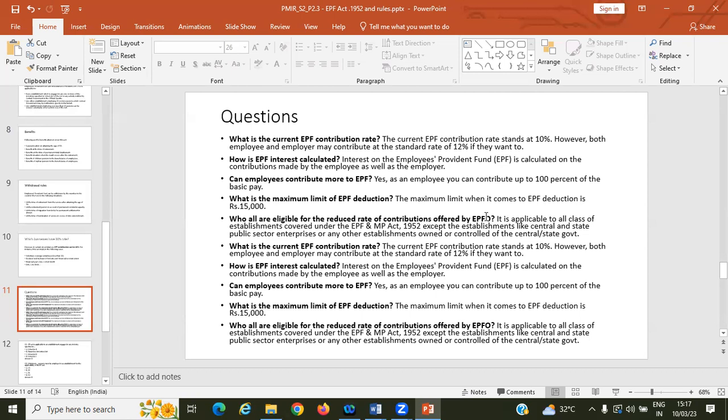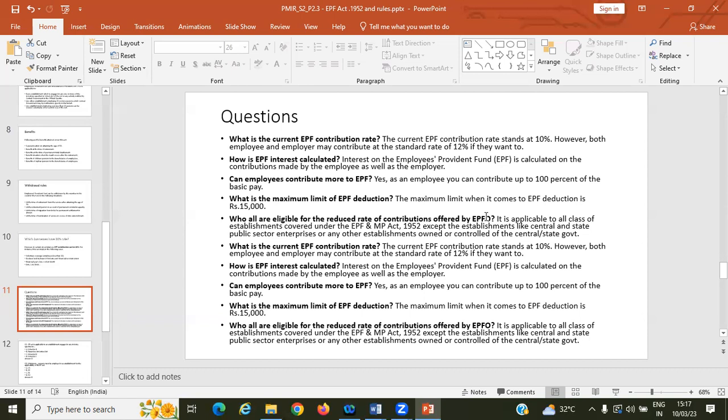There are a few companies, as I said, that can contribute at the lower rate, that is 10%: when the company is making loss, or the number of employees is less than 20, or when the financial loss is less than the net worth of the company. Those types of companies can contribute 10%.